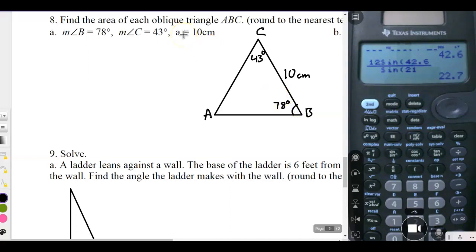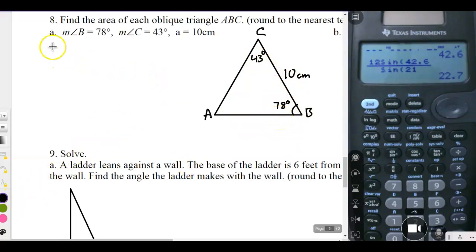So we need to do some base times height, basically, right? A couple ways of doing this, but basically we're just using that 1/2 base times height. But because of the type of triangles we're working with, we have to do a little trig as well.